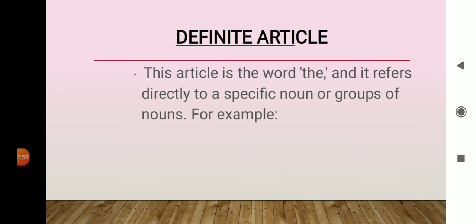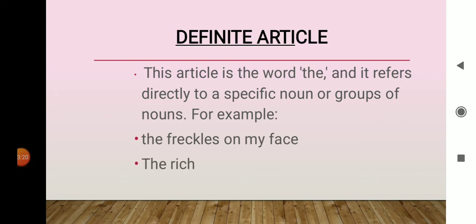We use article the when we refer to a particular person or thing. We also use the with a common name when it represents the whole class. Let's see some examples. The freckles on my face. The rich.